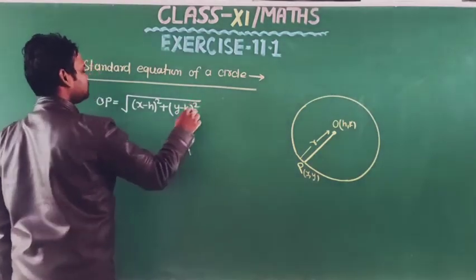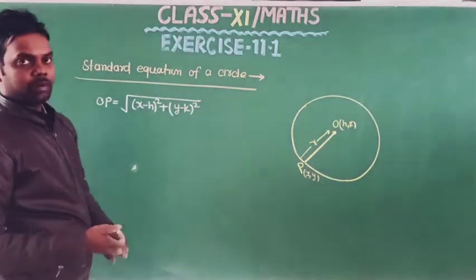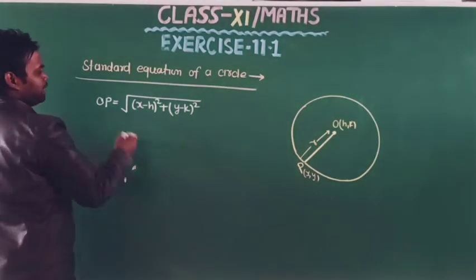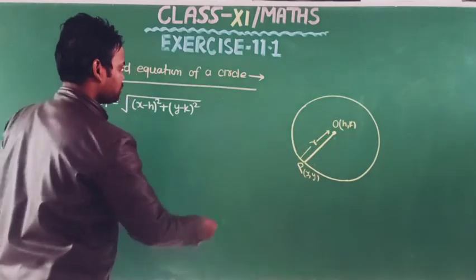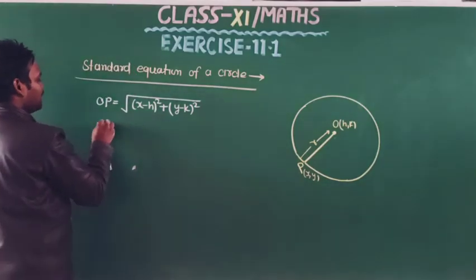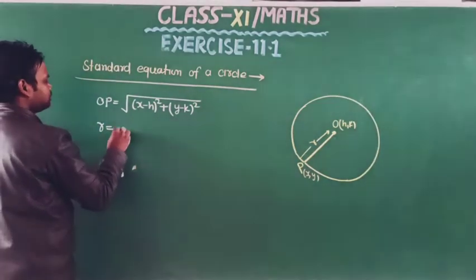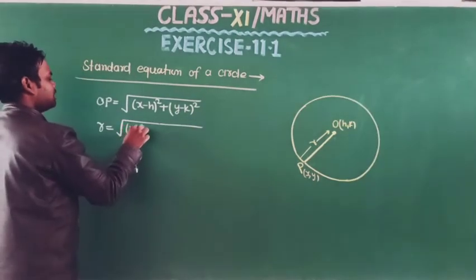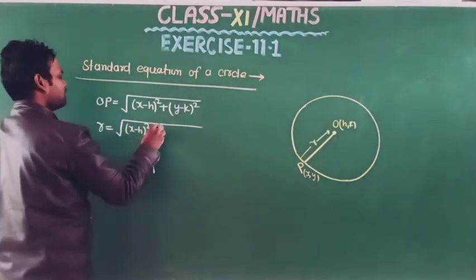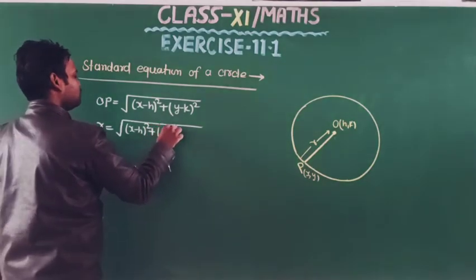Here OP is the radius of the circle, so we substitute OP equal to r equal to the square root of x minus h whole square plus y minus k whole square.